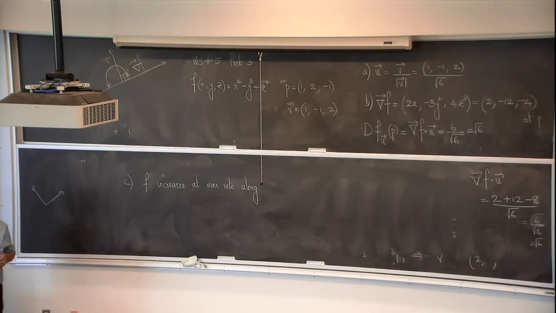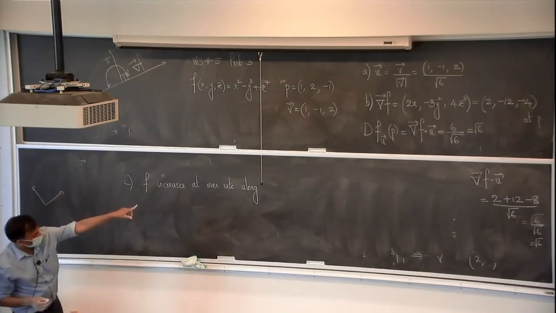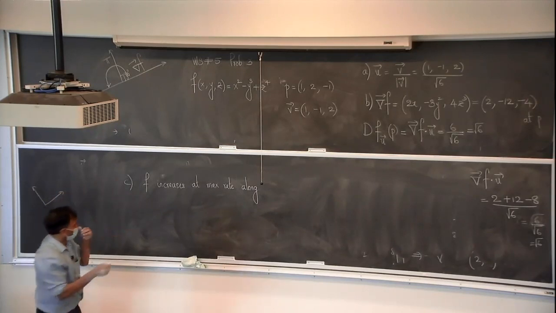Can somebody online tell me what the answer for part C would be? The gradient vector, the positive gradient vector, right? So it's (2, -12, -4).